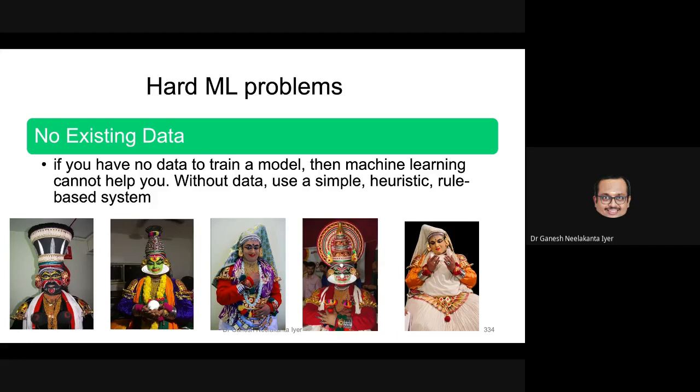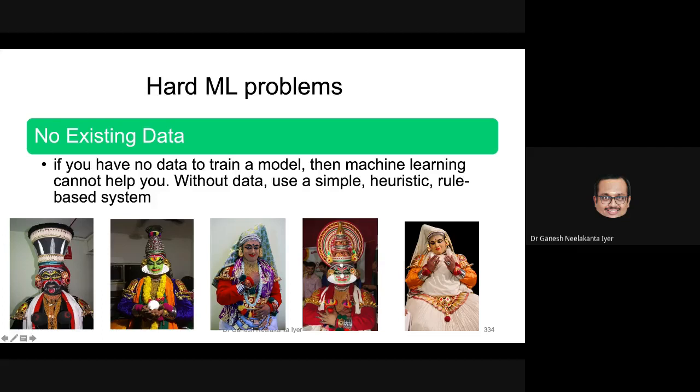Since there was no data, it was a challenging problem for me for a long time, until I found one student who was willing to make a data set along with me. Later, I wanted to identify, given an image, the character. This is to be identified as Krishna wearing blue color with a peacock feather on top. Or this is to be identified as a beautiful woman. And all these are one character, actually myself in all these different characters.